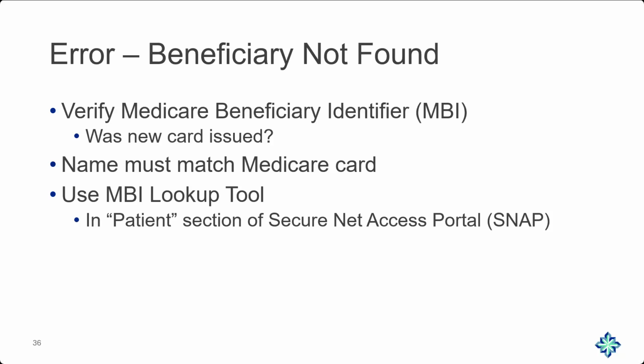The information required includes the beneficiary's Social Security number, their first and last name, any prefix or suffix, if that's applicable, and their date of birth. If the information entered is correct, the patient's MBI will be provided.